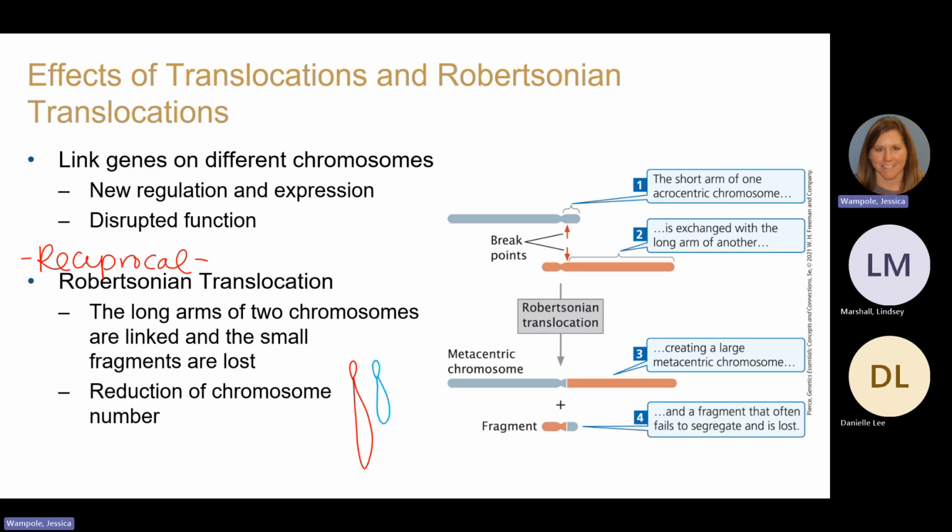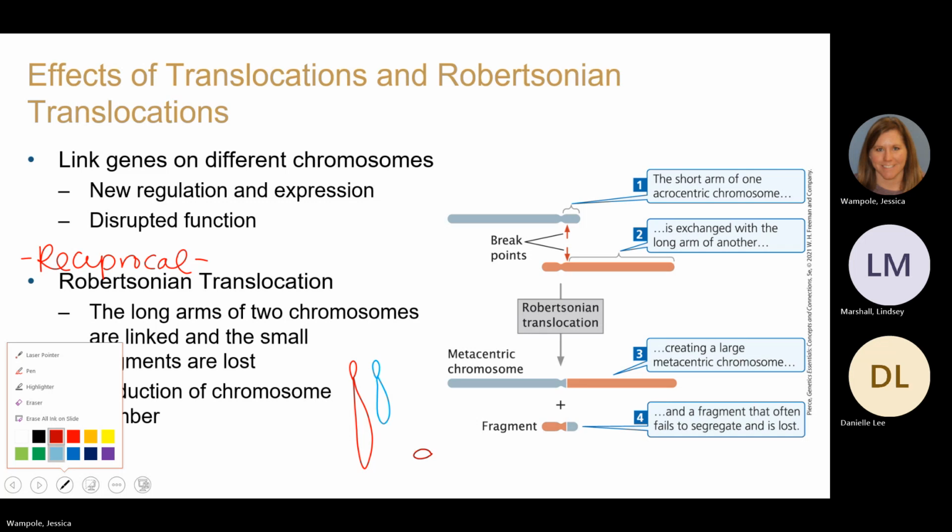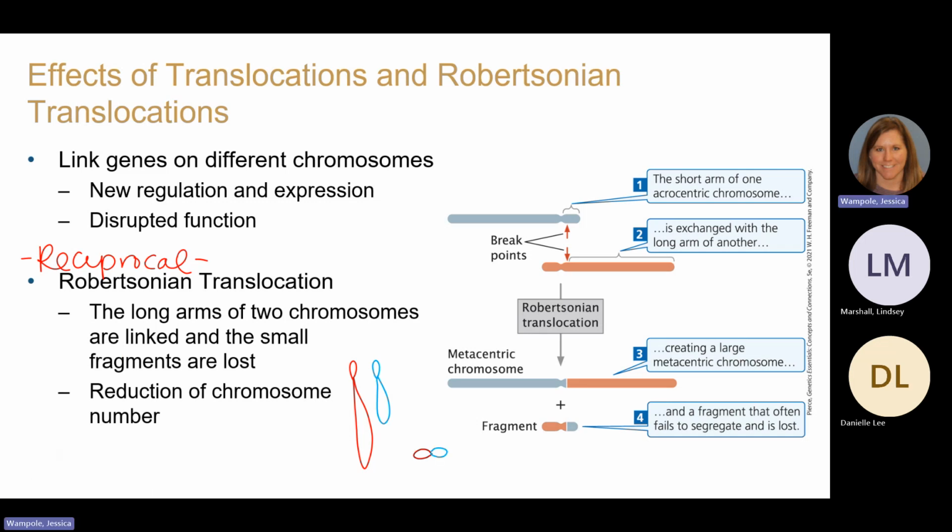Let's do something like that. What might happen here is that you get your two long arms combining and your two short arms combining. And you end up with a little tiny piece of a chromosome, and then the majority of the other chromosome still intact, but connected to another.